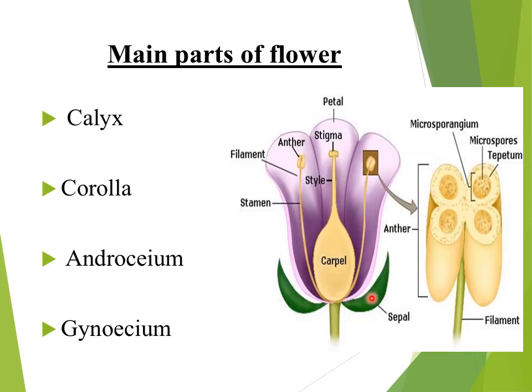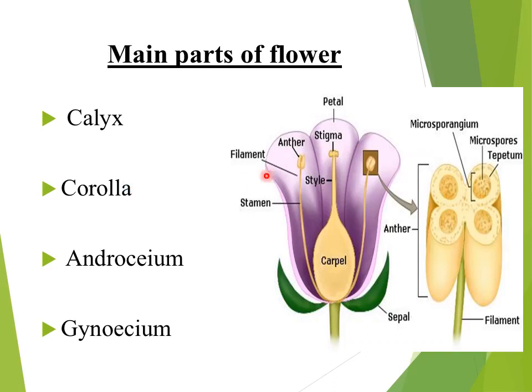Now this is the diagram of TS of anther. It is a lobed structure, and it contains sac-like structures. The sac-like structure is protected by the tapetum and other layers, and it is known as the microsporangium.